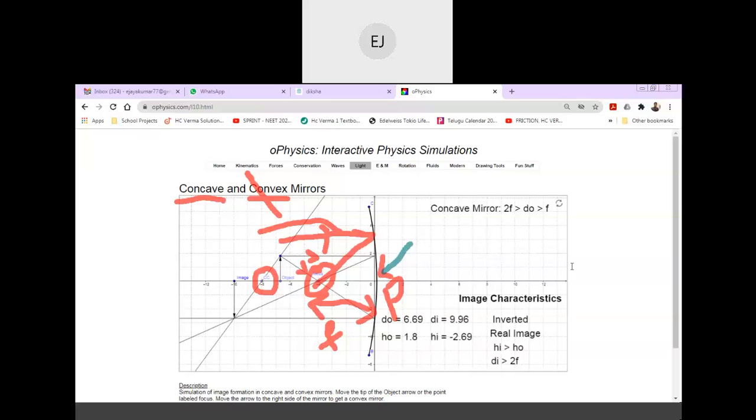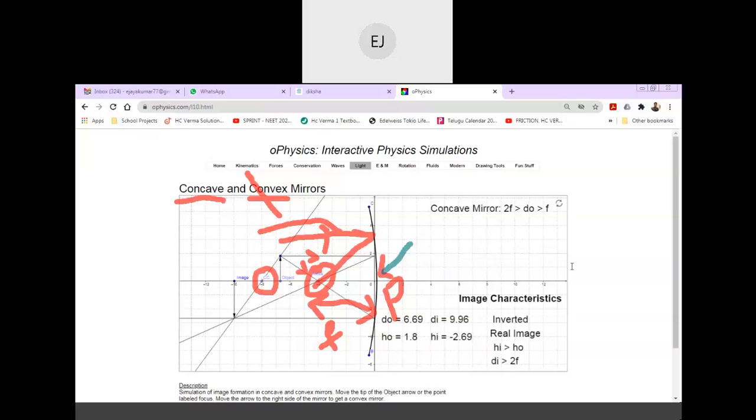Is it okay, Samir? Yes, sir. So, sir, can we say that the focus is the meeting point of the reflected rays by the incident parallel beam?